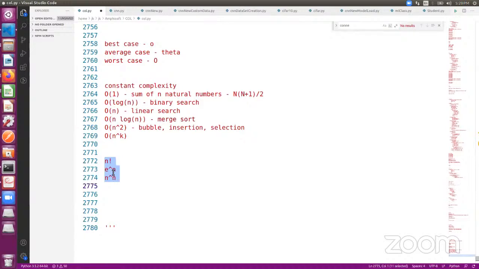Why these are non-polynomial terms is that if n increases, there's a drastic change. Log n, if you see the curve, is a smooth curve, which is flattening. That's why log n is grouped under polynomial. Actually, log n is not polynomial, but still it is considered in this set.